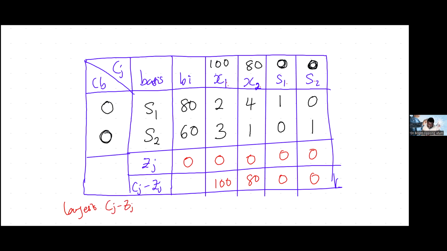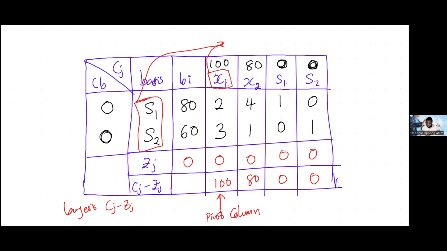So the largest Cj minus Zj is this, right? Then we refer to that as the pivot column, right? What this means is that the corresponding decision variable, which is x1 on top here, would actually enter into the solution. So x1 will come and replace one of these, but we don't know which one it will replace. Good.